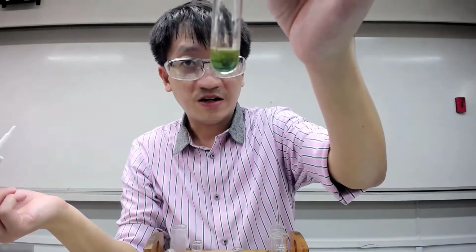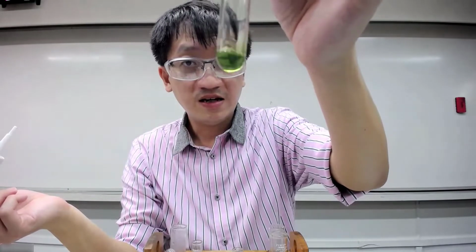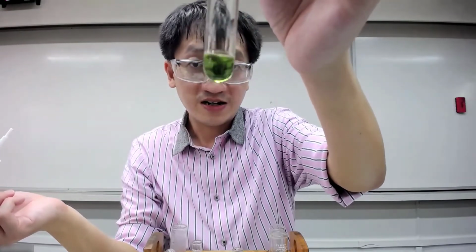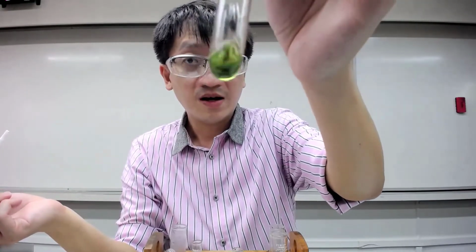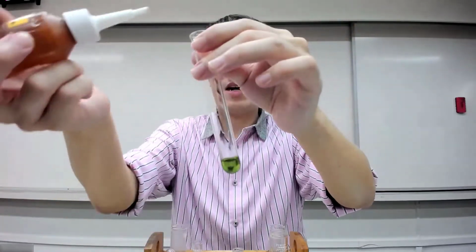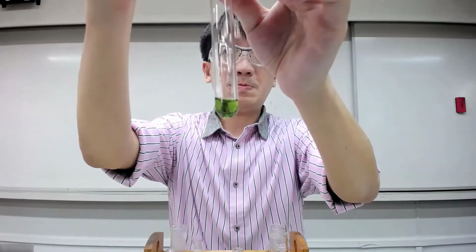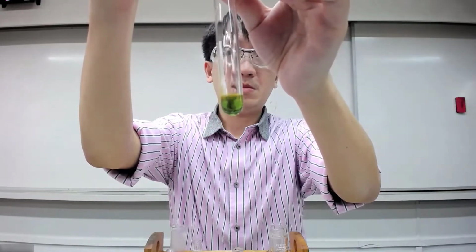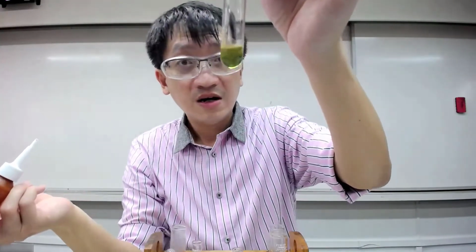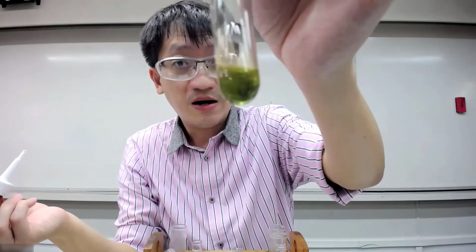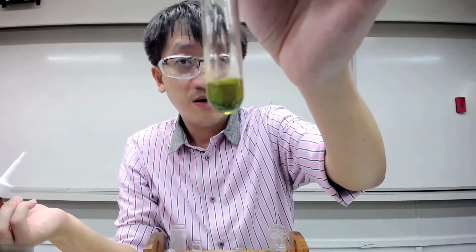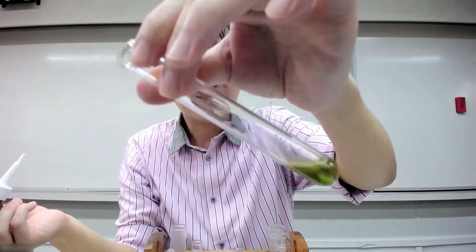You see the solution turns a bit yellow, right? I don't know whether you observed that. So I'm going to add 1 more drop. Can you see some bit of precipitate forming, especially at the side of the corner?